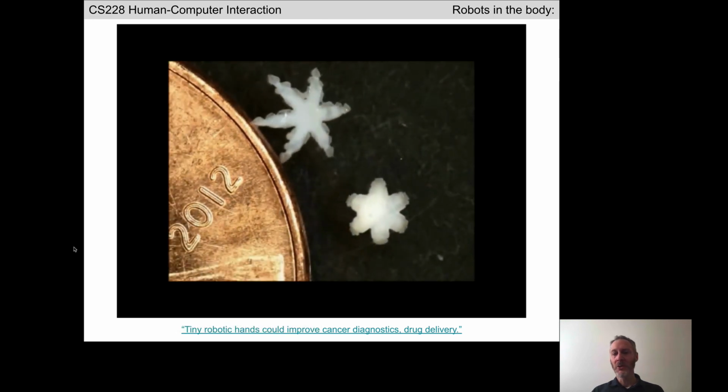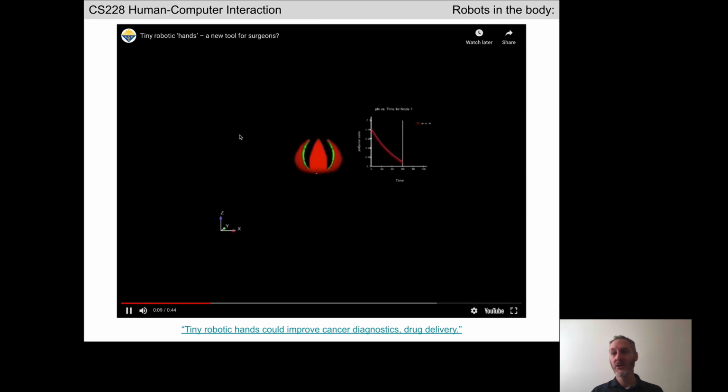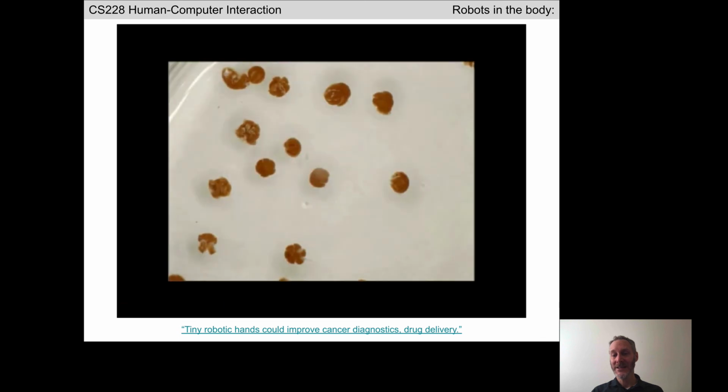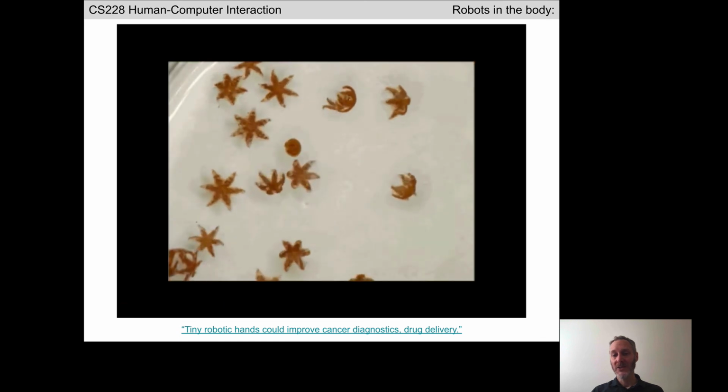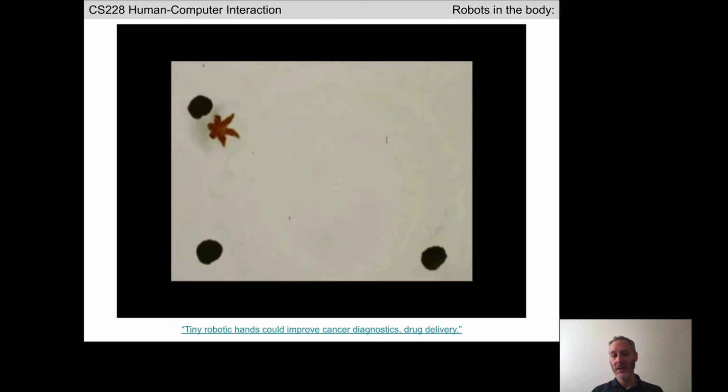These are micro-scale robot grippers. They are opening and closing in response to heat. And as you'll see in a moment, they can be controlled, they can be moved in a fluid through a magnetic signal. So there's a magnet there that is pulling the object.